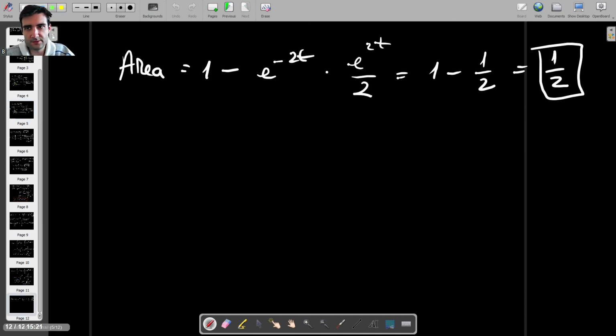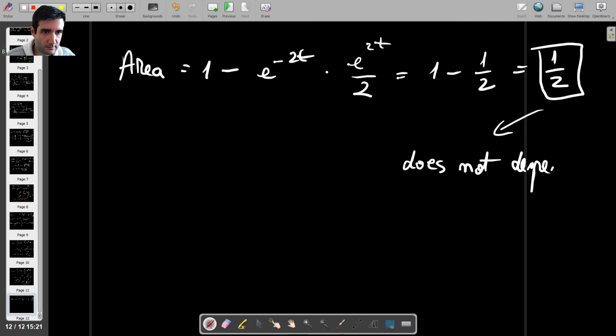So this does not depend on time. Why does it not depend on time? Because there's no t in this expression, it's just a number. Everything that had to do with time got cancelled out.